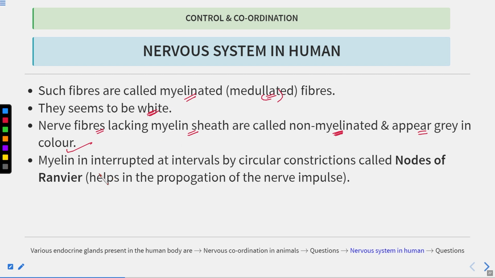Now, I've told you about the nodes of Ranvier. So this myelin is interrupted at intervals by some constrictions which are known as the nodes of Ranvier. These nodes of Ranvier, I've already told you, are the constrictions present in the area where the myelin sheath is absent.